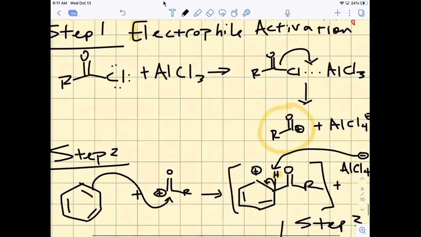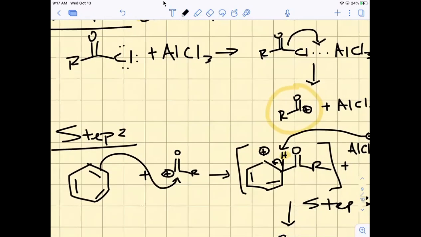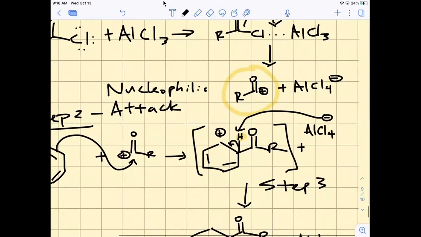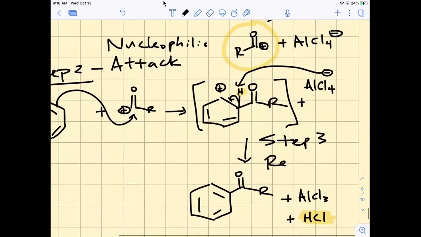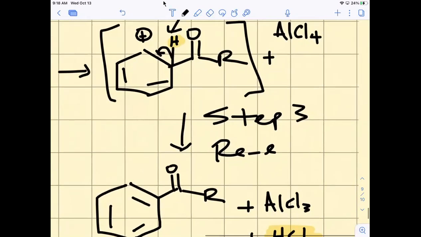All right, and then step 2 is nucleophilic attack of the ring. And then step 3 is to reestablish aromaticity.